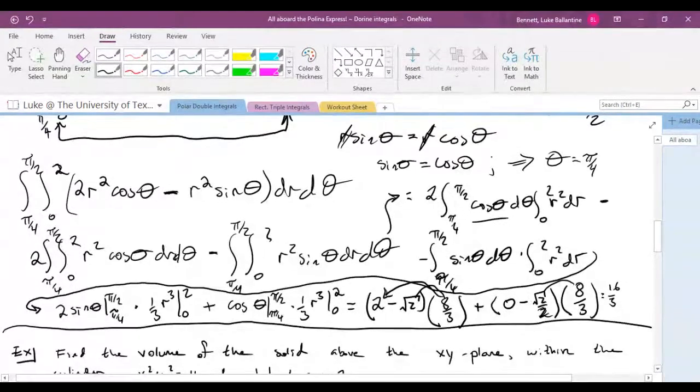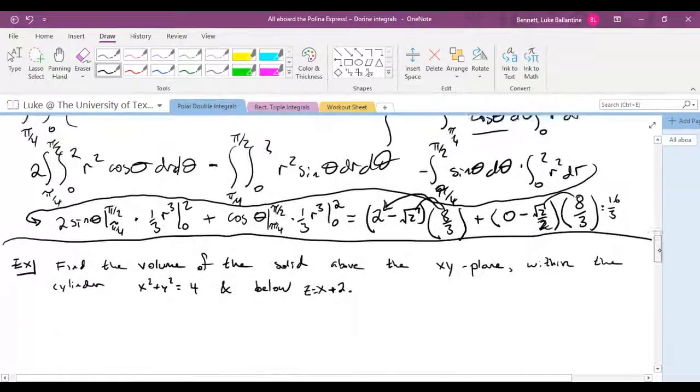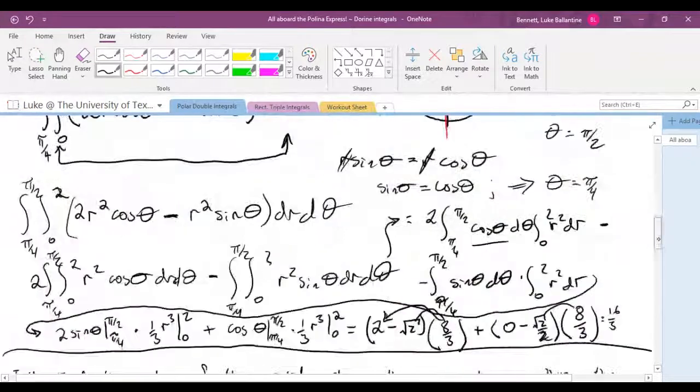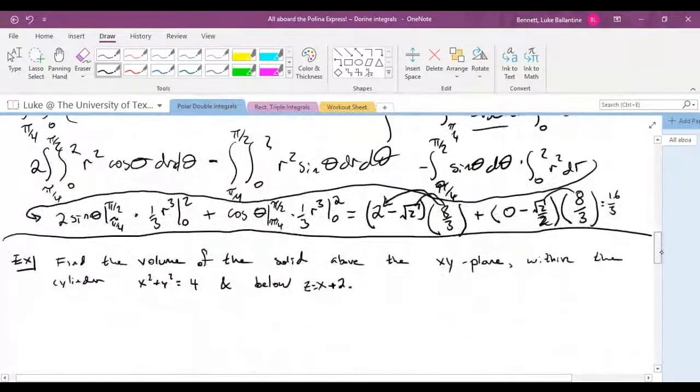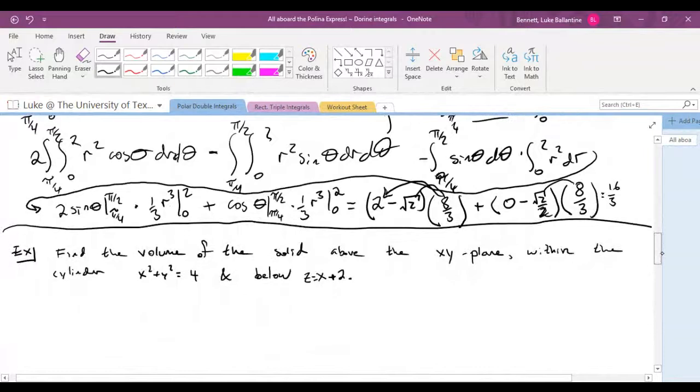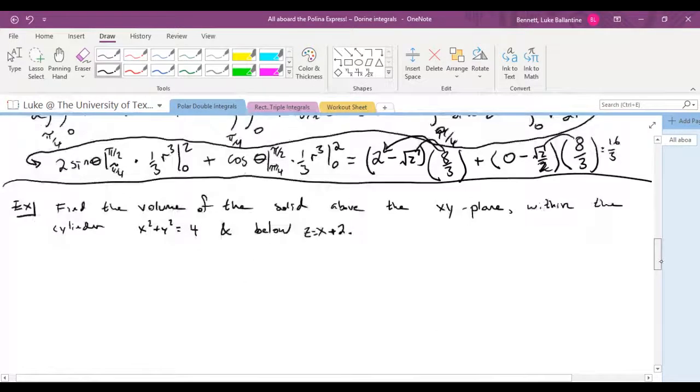So what do we get? I'm running out of room. Let's see. Copy and paste it at the very bottom. Oh, that didn't work. Well, okay. Yeah, so we have, not enough room, 16 over 3 minus root 2 minus root 2, 8 over 3.